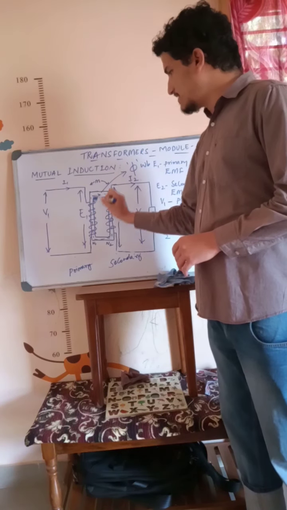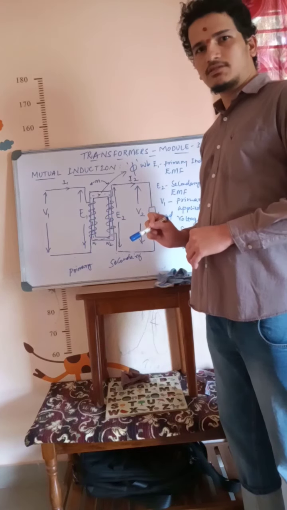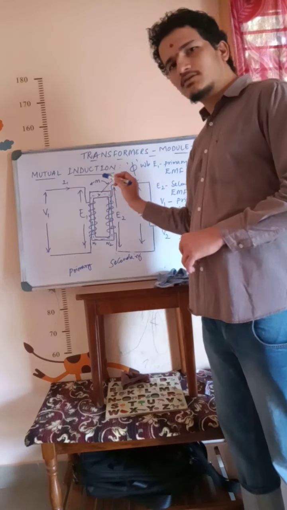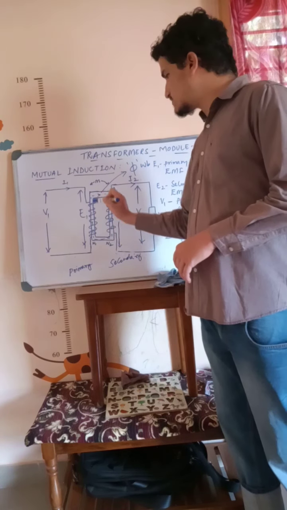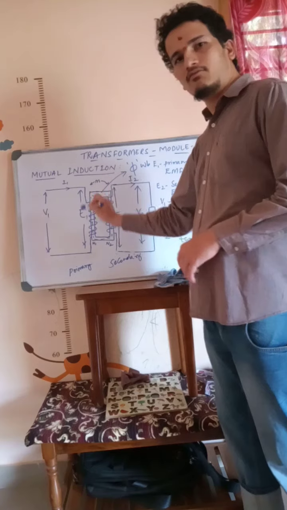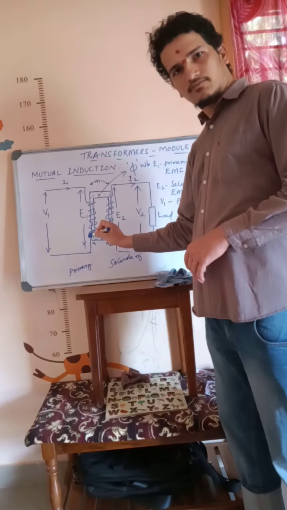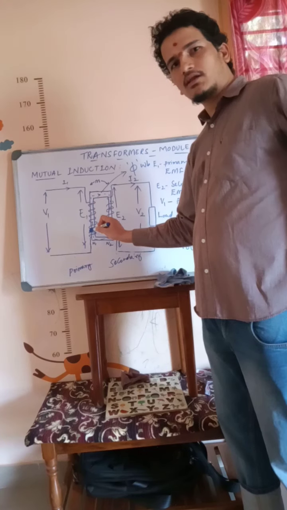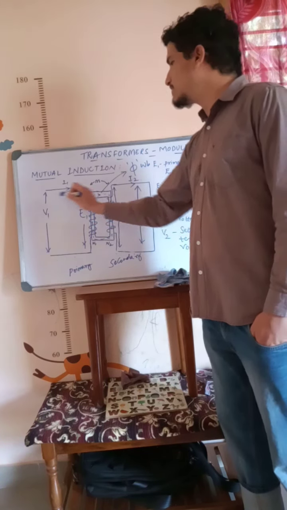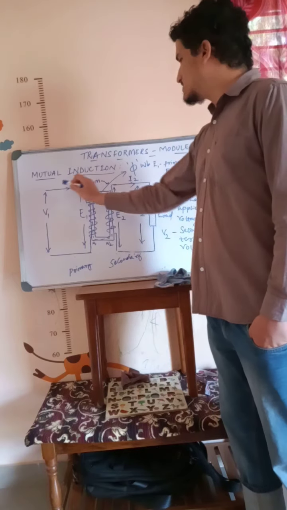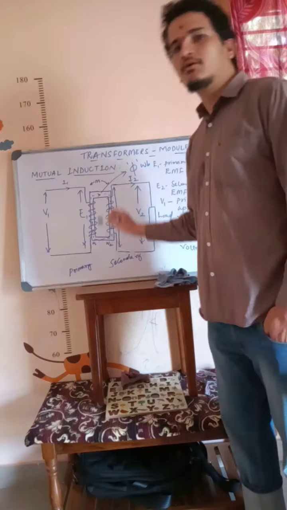This alternating flux influences this coil according to Faraday's laws of electromagnetic induction. If the flux changes with respect to time linking with a coil, an EMF is induced. So E1 is the primary induced voltage or self-induced voltage, and its polarity is in such a way that it opposes the applied voltage.